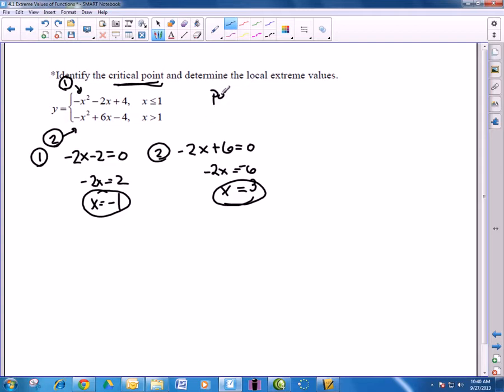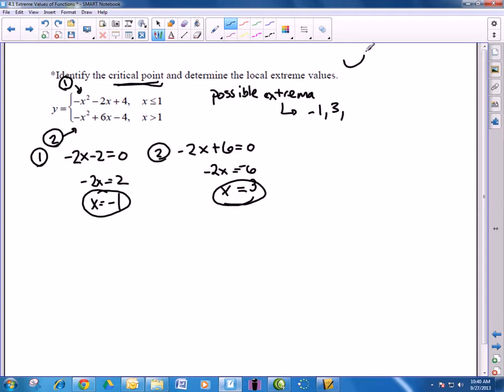So possible extrema. I'm going to make a list of them here. You would have x equals -1, +3, but also you have to include endpoints, or in this case, where these two functions meet up.